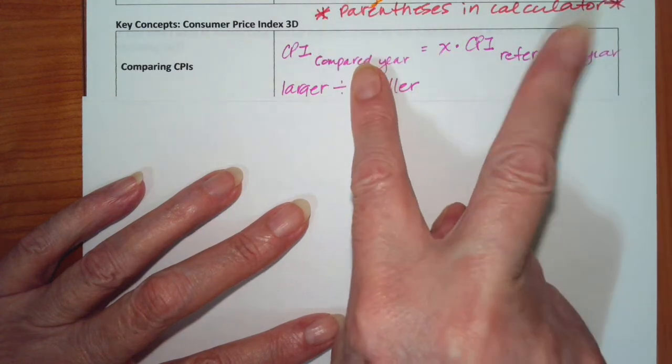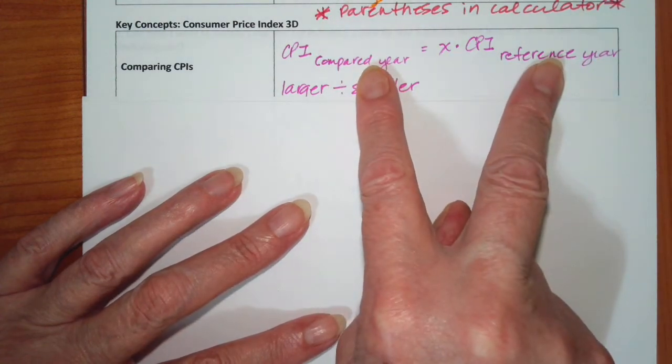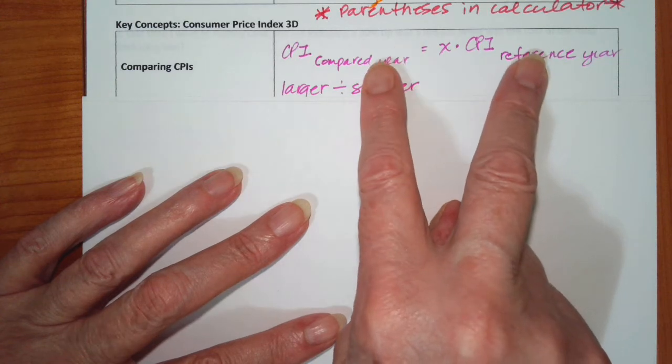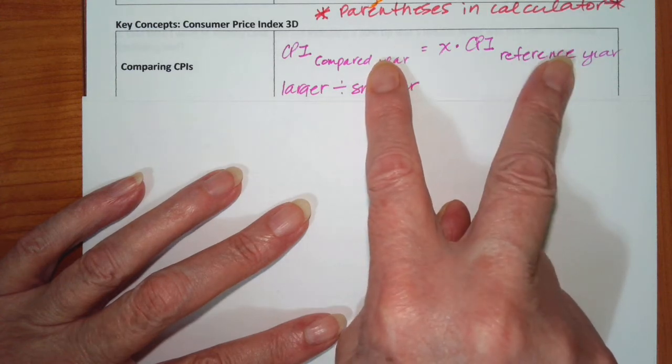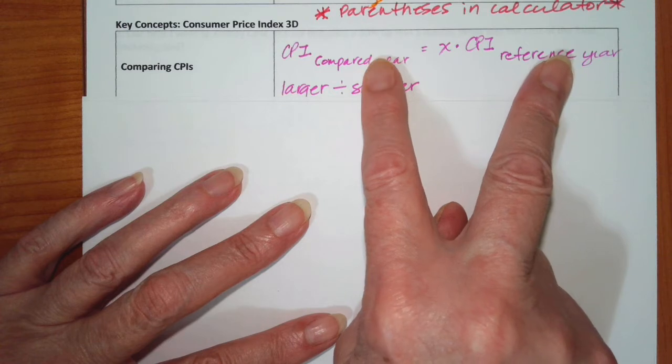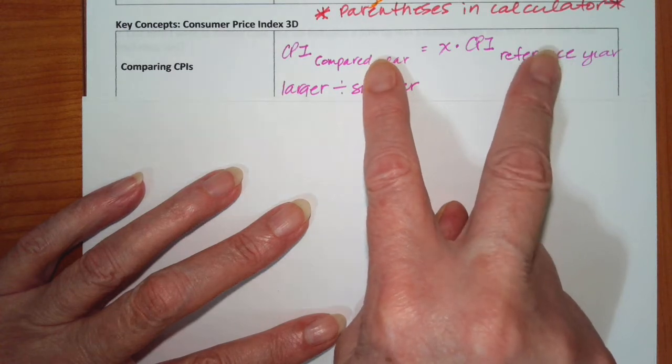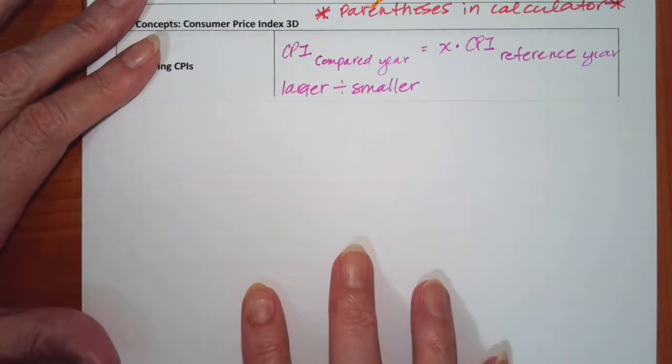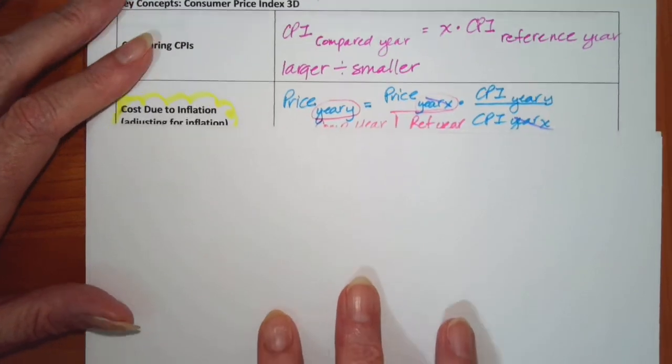So identifying the compared and reference year are really important. Normally, the compared year is newer than the reference year, and this is going to be larger than this one. But anyway, it will tell you what your percent is.